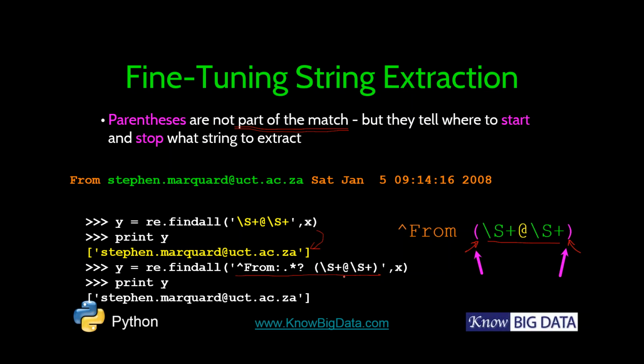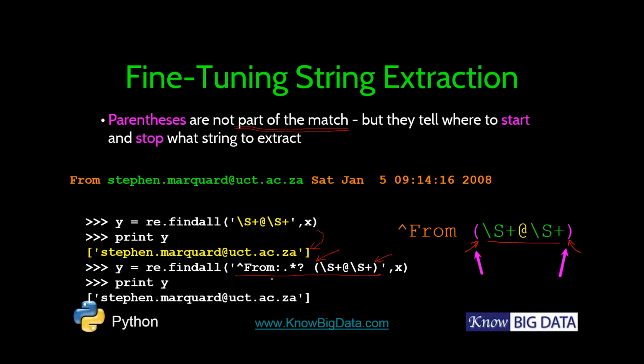Then follows, somewhere at some point in this string, an email address, right? And note the parentheses here. By this we are saying that our match is how much?